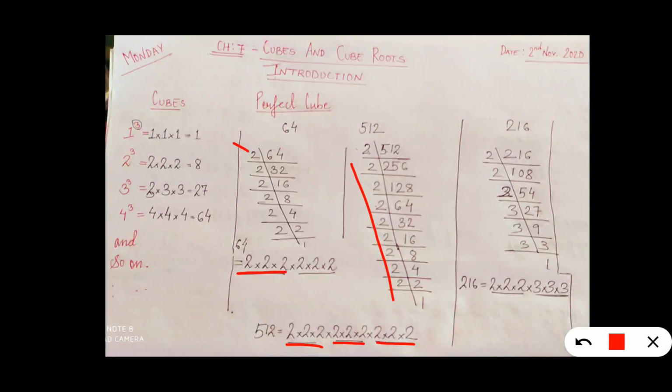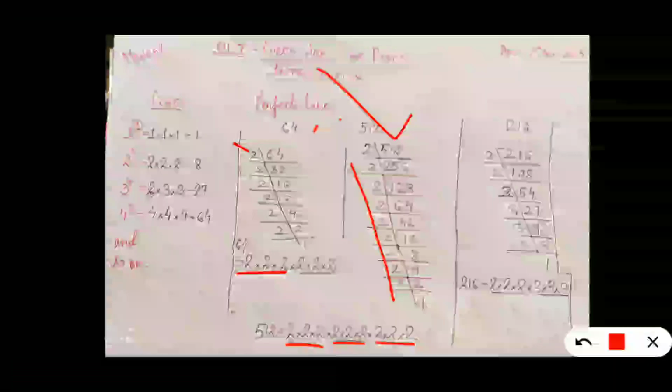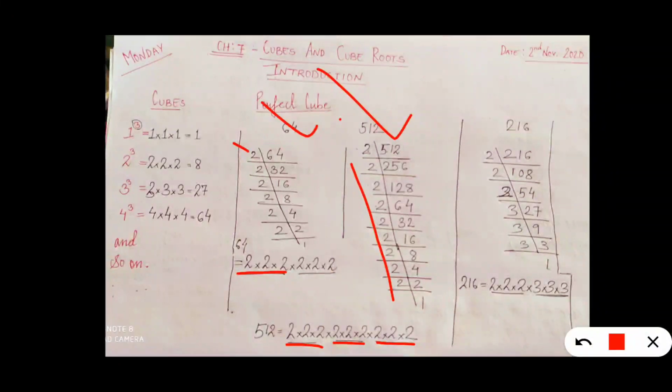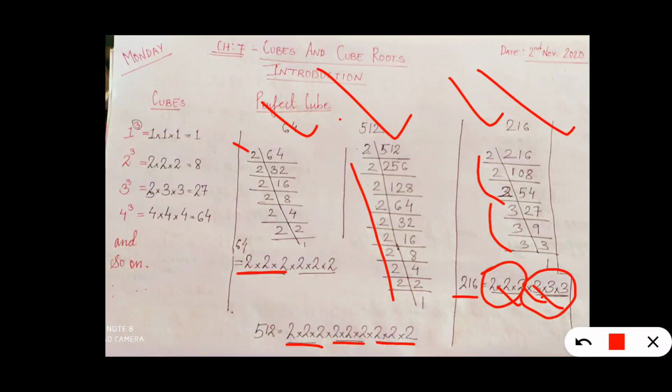So 512 is also a perfect cube, just like 64, because they have groups of triplets. Now let's take the example of 216. By doing the prime factorization of 216, we get three 2's and three 3's. So 216 equals 2 times 2 times 2 and 3 times 3 times 3. Again this is a triplet, and this is also a triplet. So 216 is also a perfect cube.